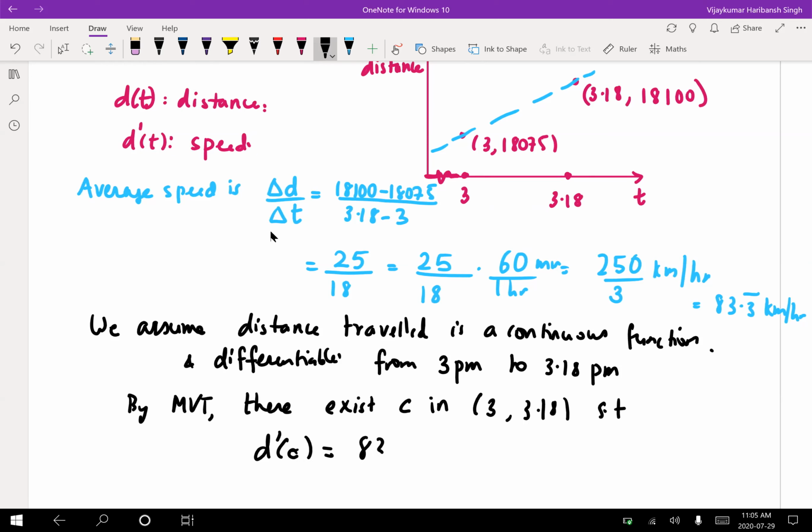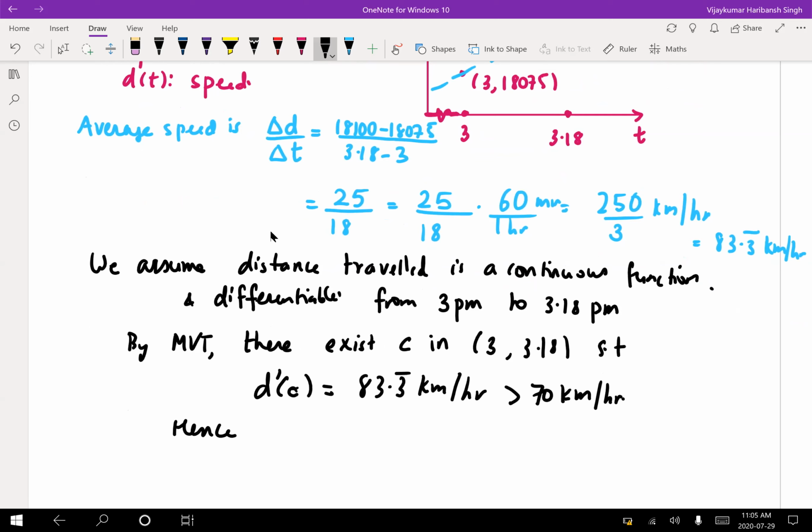Was 83.3 kilometer per hour, which is greater than 70, clearly greater than 70 kilometer per hour. Hence what? Hence what? They violated the speed limit.